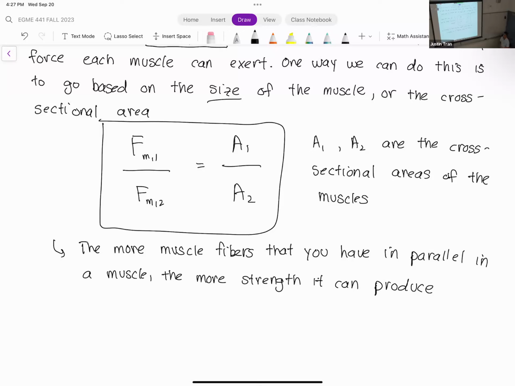Another good reason for this assumption is that the cross-sectional areas of the muscles are usually not difficult to obtain. Even though your body has a complex network of muscles that overlap each other, if you have the right measurement equipment, like a scanner, or even externally with certain instruments, you can measure the cross-sectional area of a muscle with relatively good accuracy.